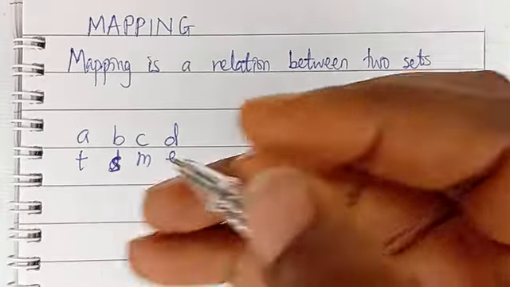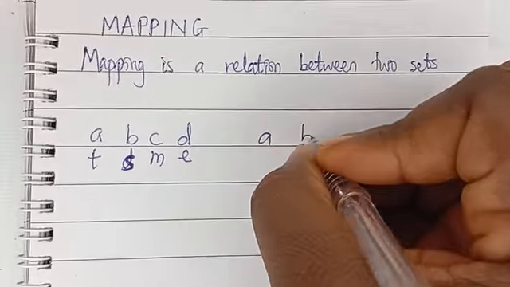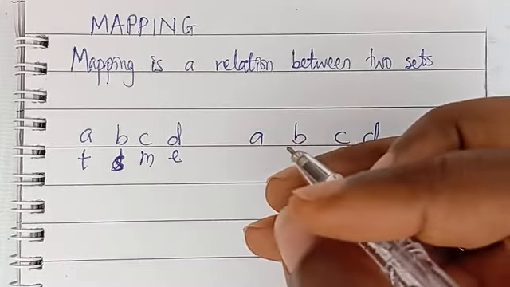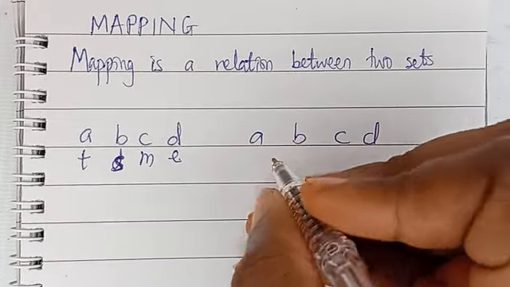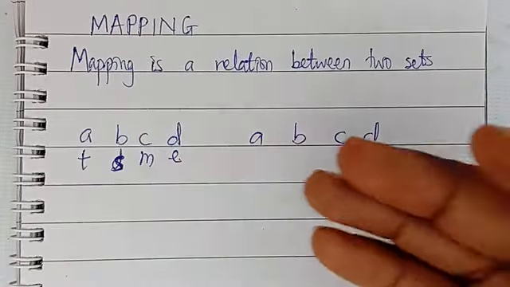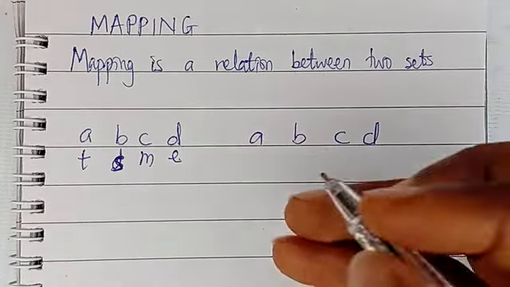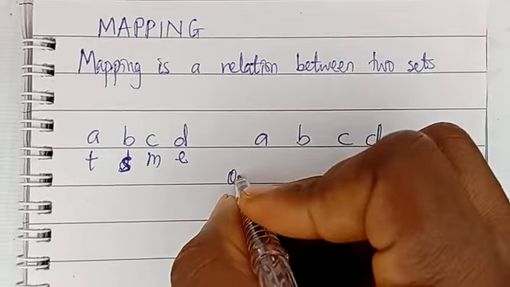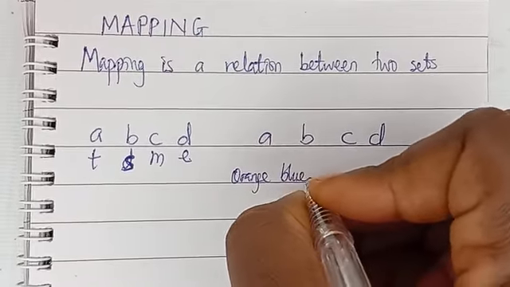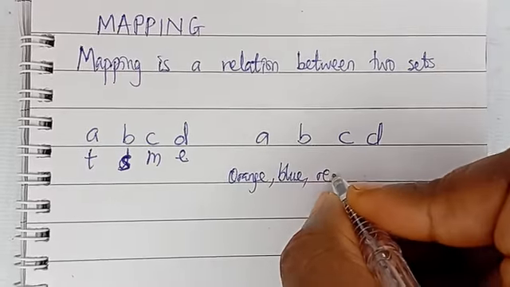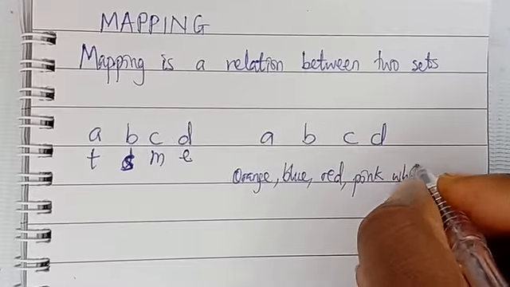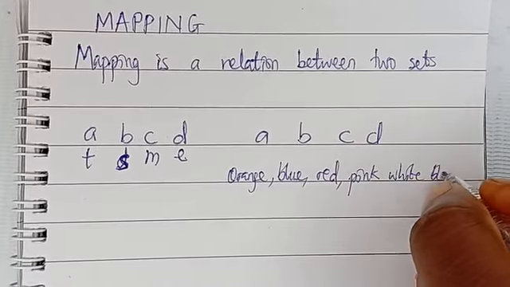These same friends, A, B, C, and D, might as well have some colors of materials picked out, like a set for them to choose. Let's say there is an orange color, there is a blue color, there is red, there is pink, there is white, and of course there is black.